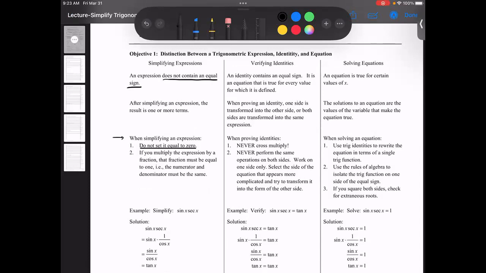If you multiply the expression by a fraction, that fraction must be equal to 1. What does that mean? For example, if I have 5/3 plus 2/5, if I want to add the two together, I have to have a common denominator, right? So the first fraction, I need to multiply by what? 5/5, right?